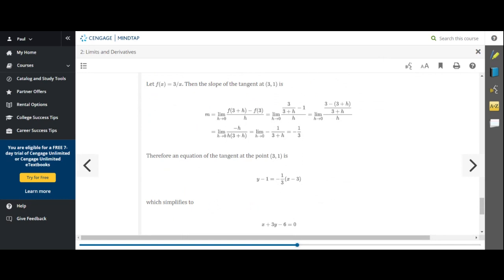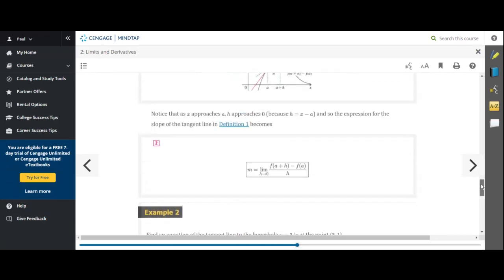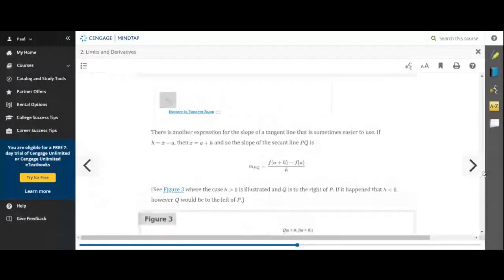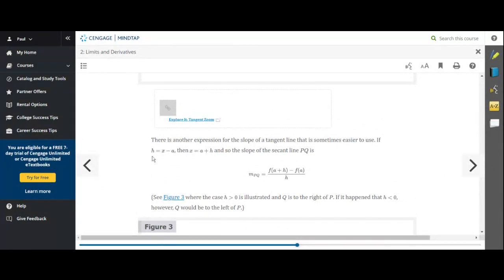John says, how come the other way of finding the slope of the tangent is so close to the formula for the difference quotient? Well, actually, both formulas are the same as the difference quotient. It's an excellent question. Remember, for this second slope definition, they had let x minus a equal h.